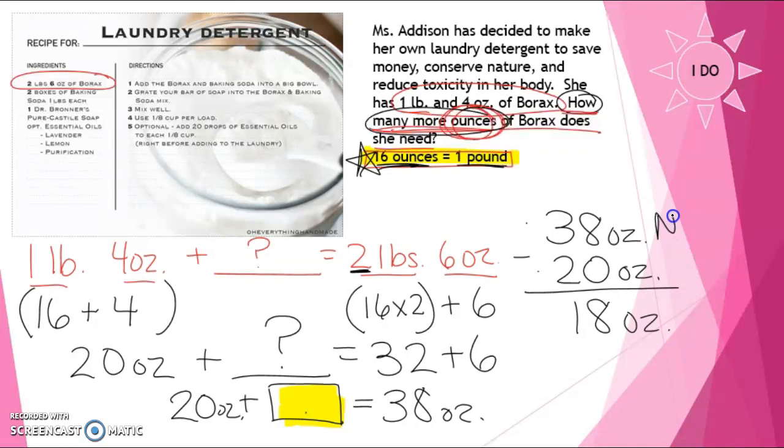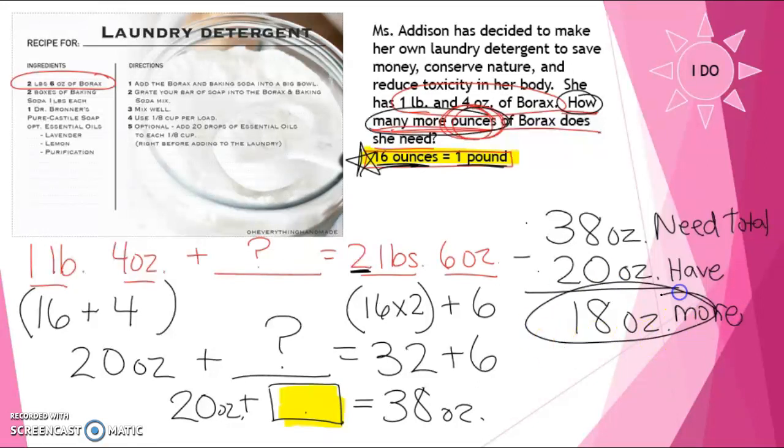This is what we need to have total. And then the 20 ounces is what we have. The total that we need minus what we already have will tell us how much more we need. So Miss Addison needs 18 more ounces of borax to make her laundry detergent.